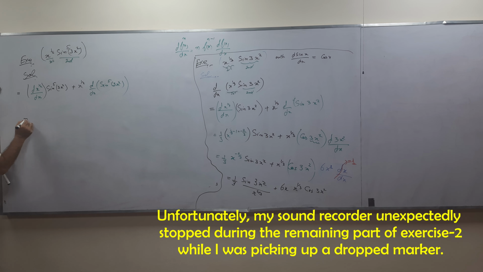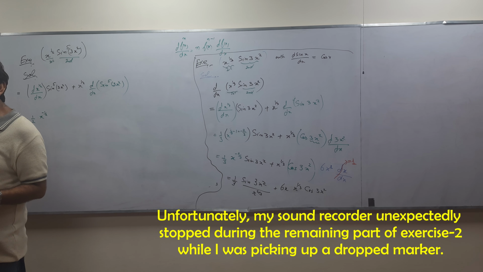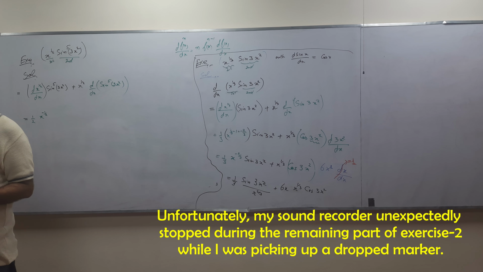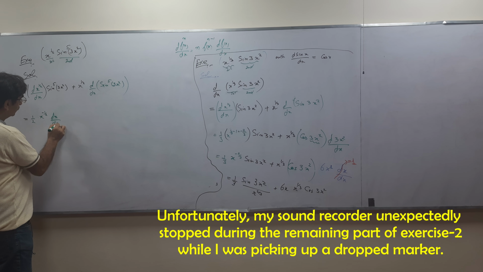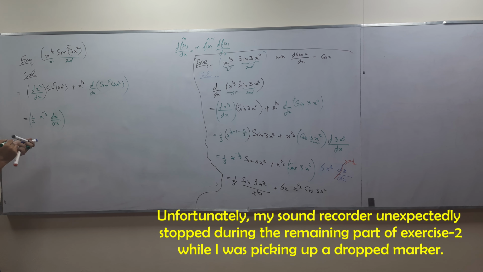So, yes, the power will be shifted: 1 by 2 x to the power 1 by 2 minus 1, and the derivative of dx with respect to dx will be equal to 1. I think now I don't need to write it, or I must not. dx over dx. Okay.